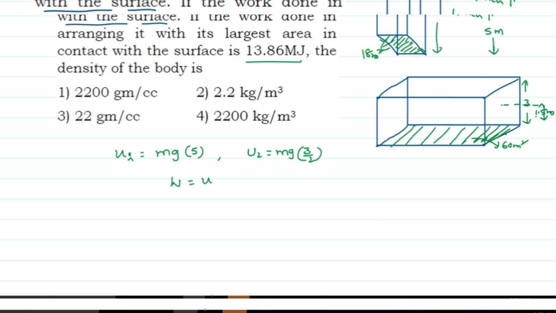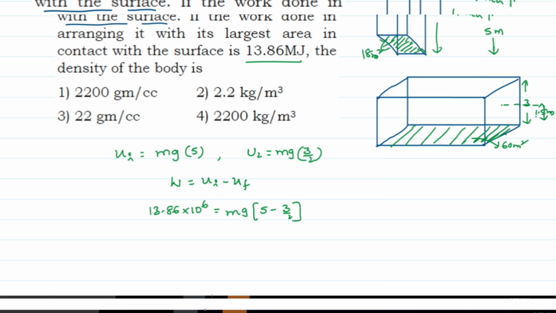Work done to arrange, for conservative forces, is initial potential energy minus final potential energy, which is given as 13.86 megajoules, that is 10 power 6, equal to m g, taking common, into 5 minus 3/2.